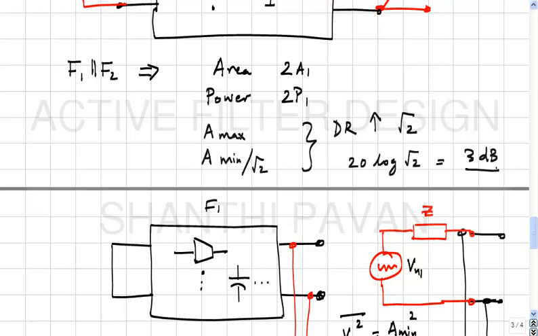You understand? So 3 dB may sound like a small number, right? But you see that to get a 3 dB increase in dynamic range, what does it cost? It costs twice the area and twice the power.